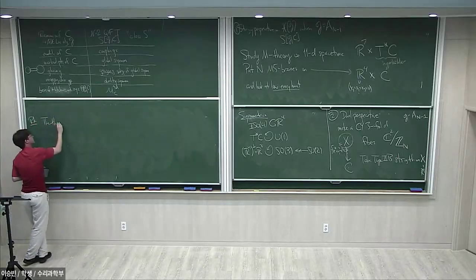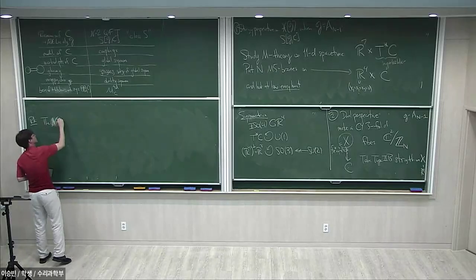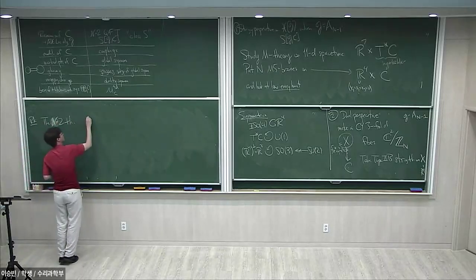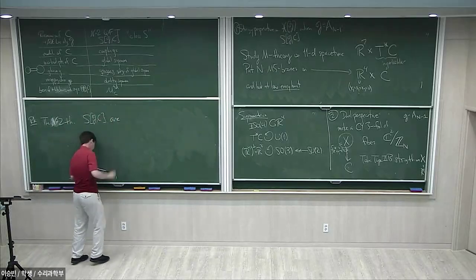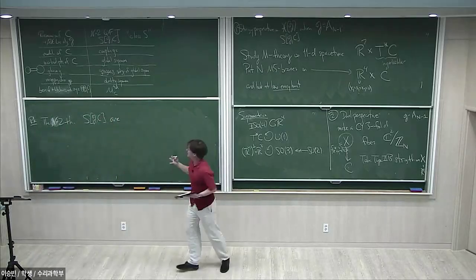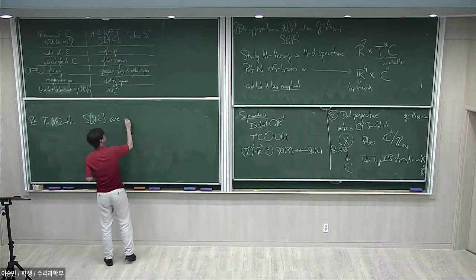These N equals 2 theories, the theories of class S, which we talked about so far, they're N equals 2 theories, but they have another property, which I didn't emphasize, but should have, which is that they are conformally invariant, in particular scale invariant.